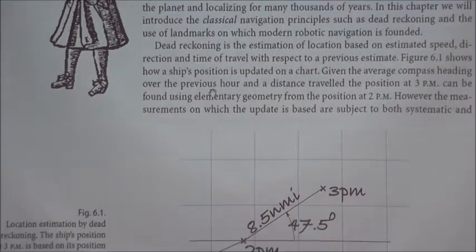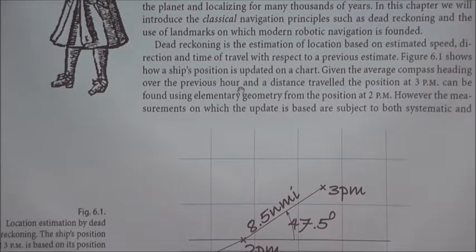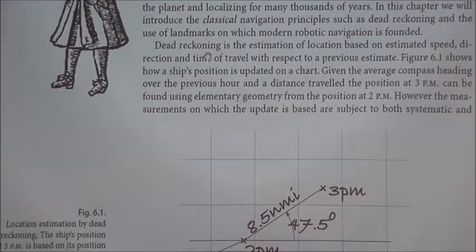Now, one of the classical ways of having a robot know where it is is called dead reckoning. Dead reckoning is the estimation of location of the robot based on estimated speed, direction, and time of travel with respect to a previous estimate. Let's read it one more time.